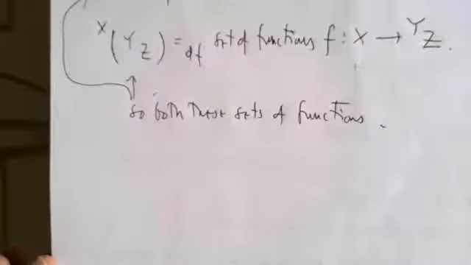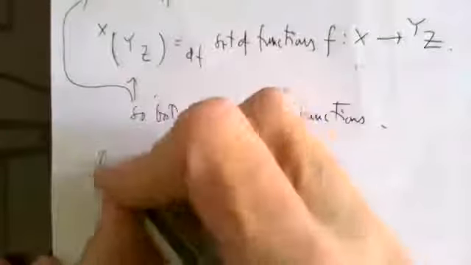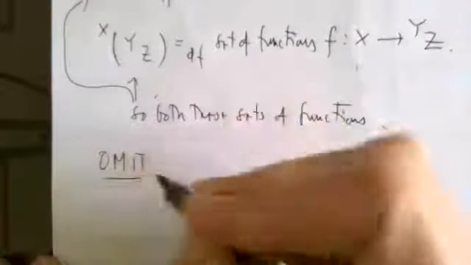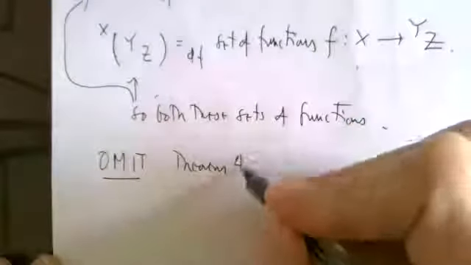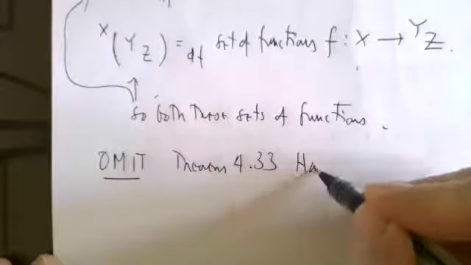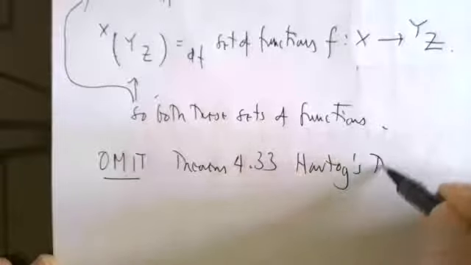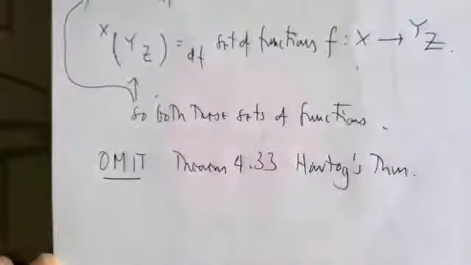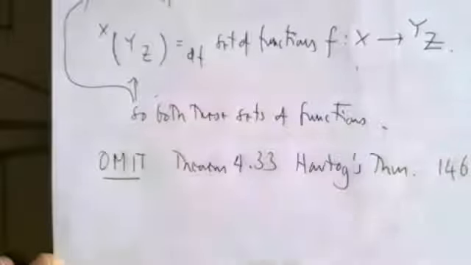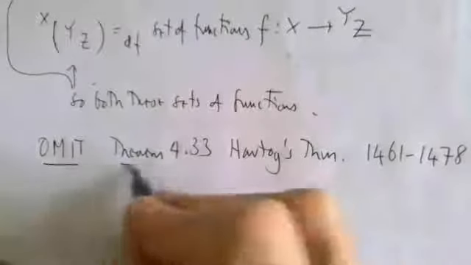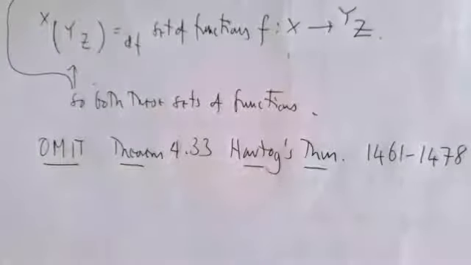Right. We're going to omit Hartogs' theorem, pages 1461 to 1478. We just don't need it, so we'll save time by cutting it out.